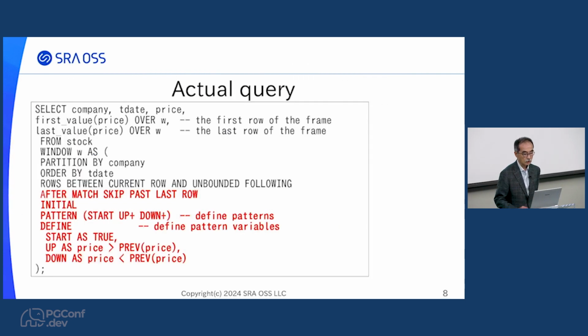These definitions can be expressed in this actual query. This looks a little bit complex, but actually the red bold lines are the new clauses for RPR. I will explain details later.